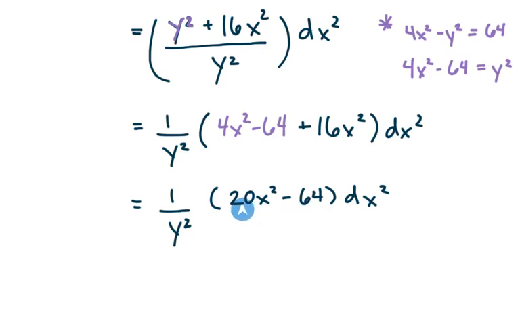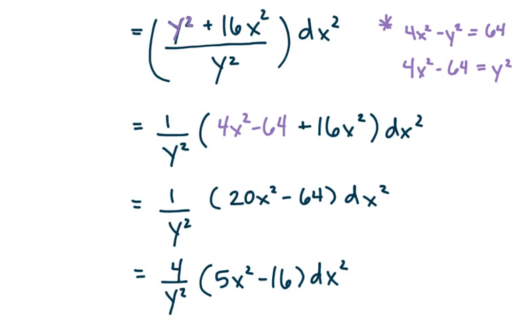I can factor out 4. That will leave me with a 5 and then also a 16. So I have 1 over y squared. I'm factoring out a 4. That's going to go in my numerator, and that leaves me with 5x squared minus 16 dx squared.